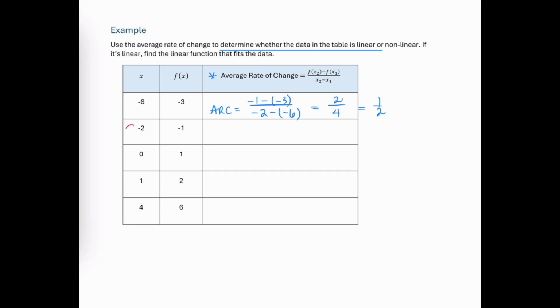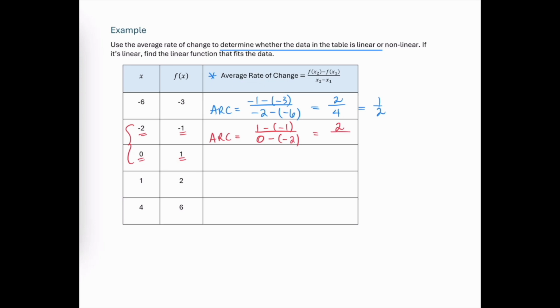And now we need to compare that with the average rate of change between the next 2 points. So again, we'll calculate by starting with y2, which is +1, minus y1, which is -1. Divide that by x2, which is 0, minus x1, which is -2. In the numerator we have 1 minus -1, which is going to be 1 plus 1, or 2.